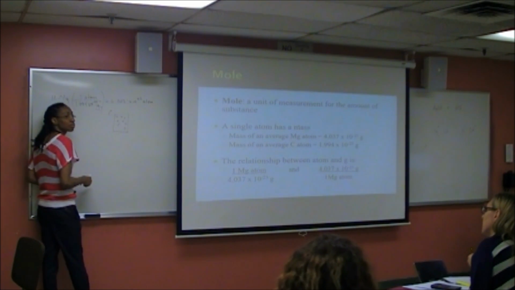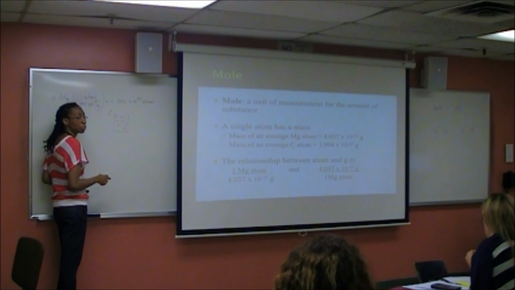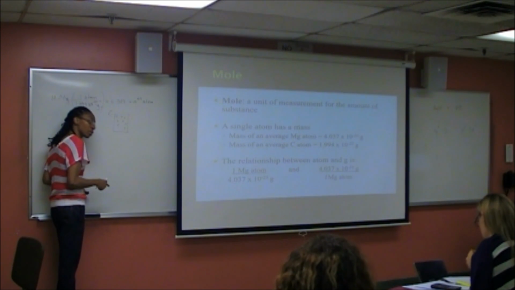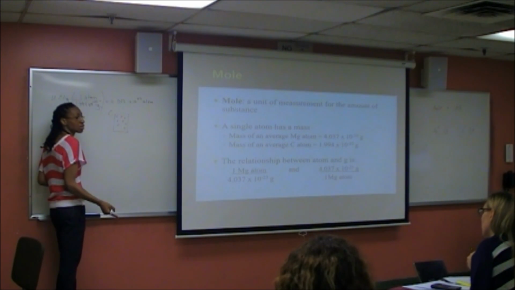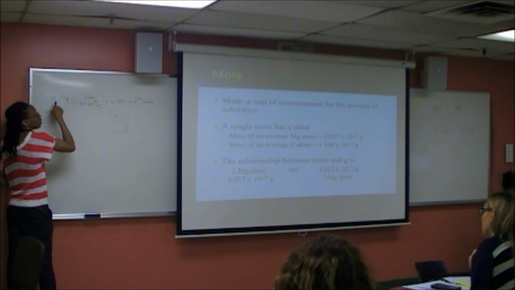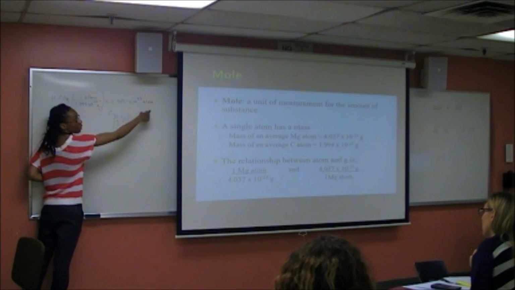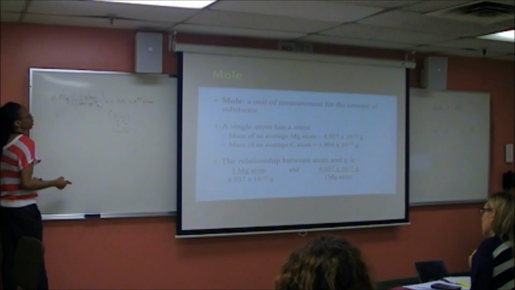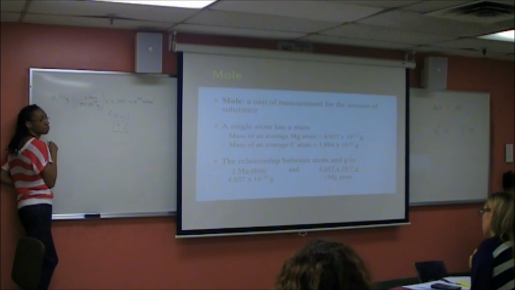On the periodic table, we have the element's mass. I will give you the atom's mass, or I can ask you to calculate it, by giving you how many atoms we have. This is something that you have to memorize. Okay? So now, let's do the same thing for magnesium. What's the mass for magnesium?